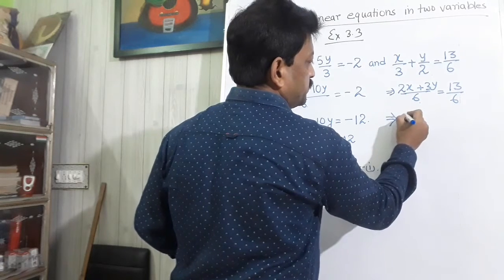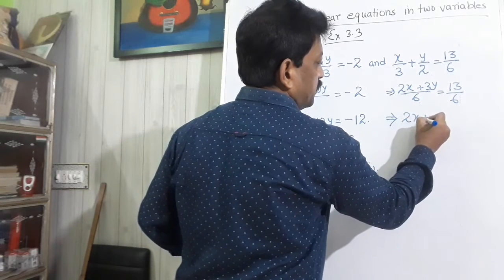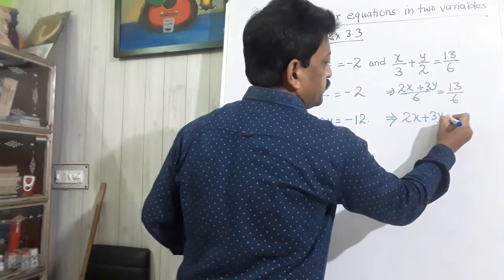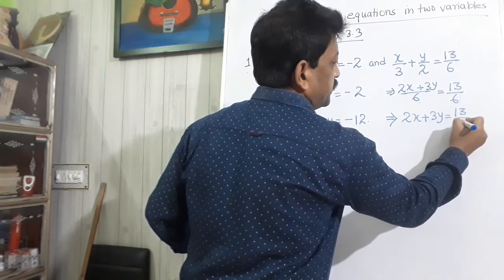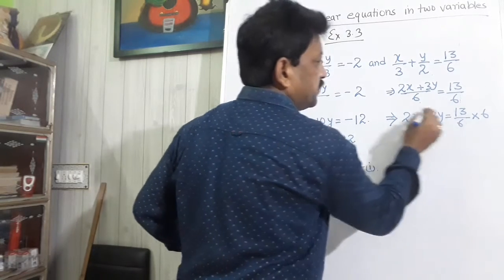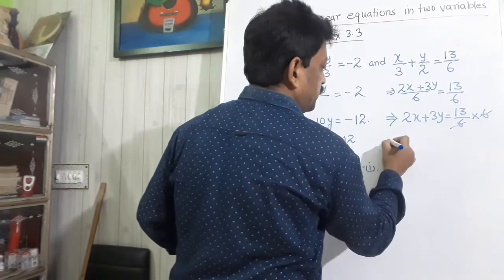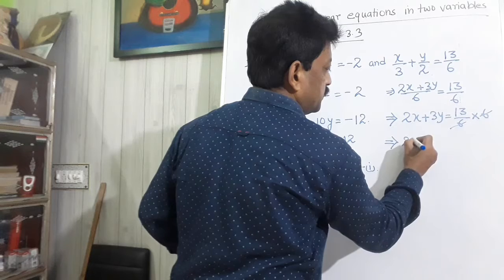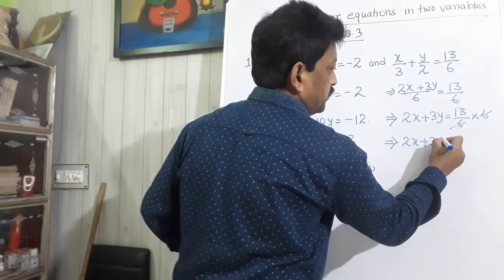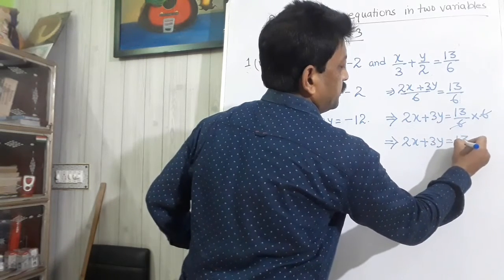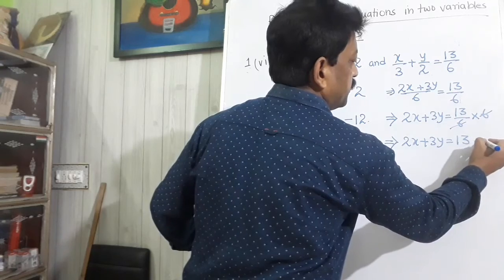By cross multiplication, 2x plus 3y equals 13 upon 6 multiplied by 6. This 6 will be multiplied that side. So 6 will be cancelled. So 2x plus 3y equals 13. This is equation number 2.